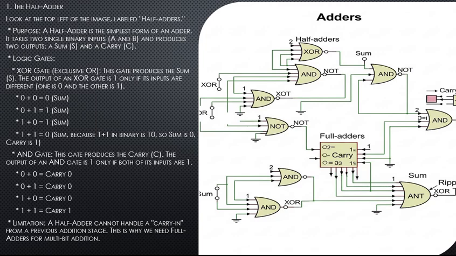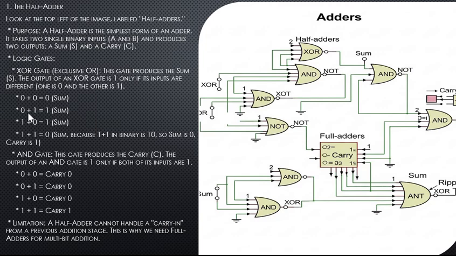Also, the logic gates. The XOR gate produces the sum. The output of an XOR gate is 1 only if its inputs are different. So 0 plus 0 is equal to 0, and that's the sum.